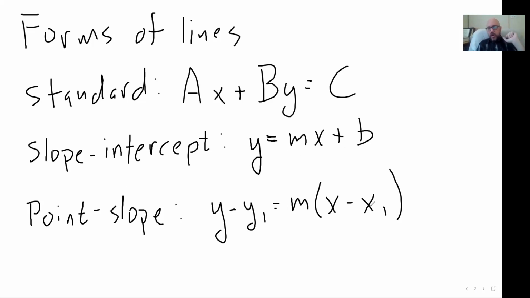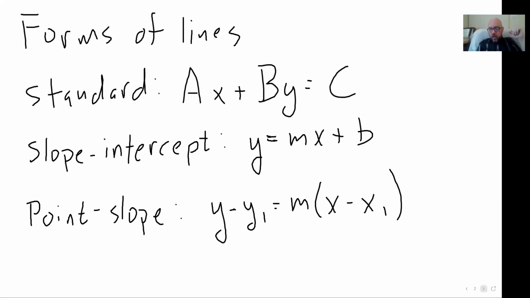Or if you're starting in this other form, the point-slope form, which is super useful, we're going to talk about it in a second, you just distribute the m and get the y on one side and all the numbers and x's on the other side, and you're in slope-intercept form and you graph the line. That essentially always works. I'll show you a weird case where it doesn't, but if that's what you do to graph lines, that is fine. It'll get you through this class.